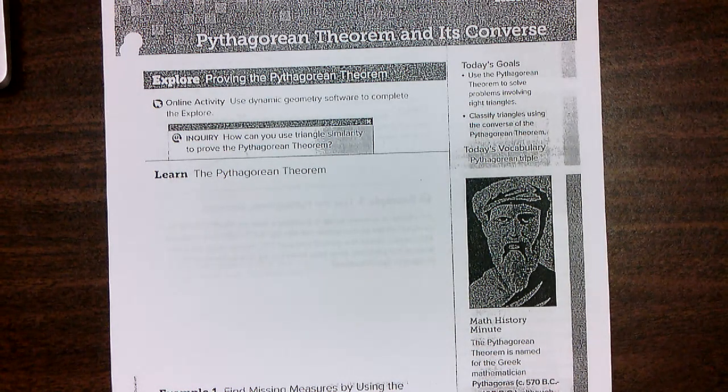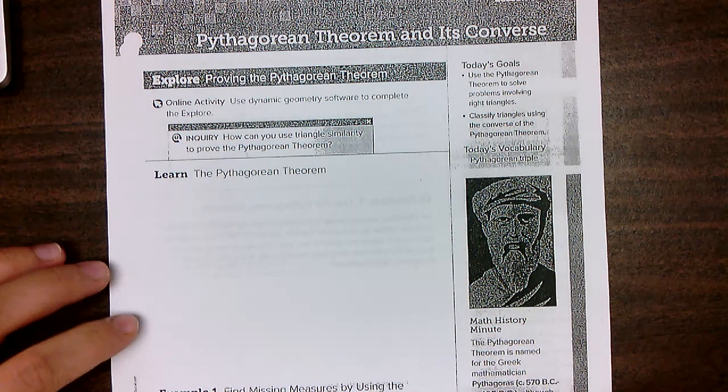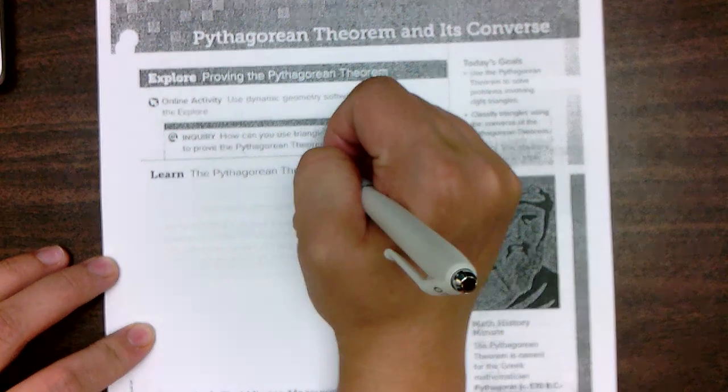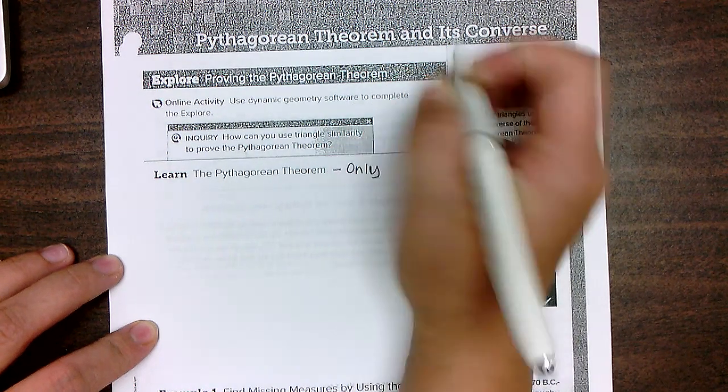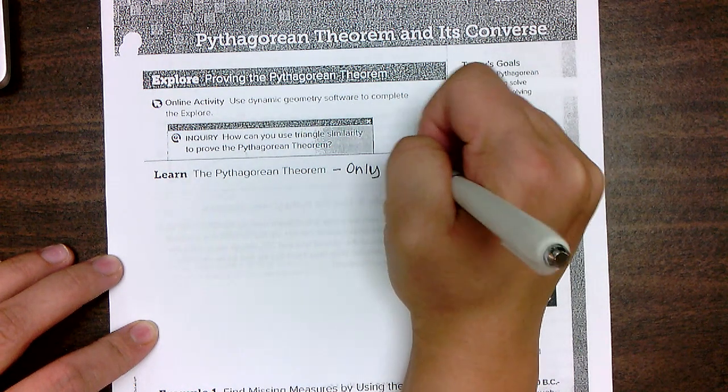He did not necessarily find the Pythagorean theorem, but he made a lot of proofs that supported its truth. So, what the Pythagorean theorem states, it's all relative to right triangles. So Pythagorean theorem can only be used for right triangles.